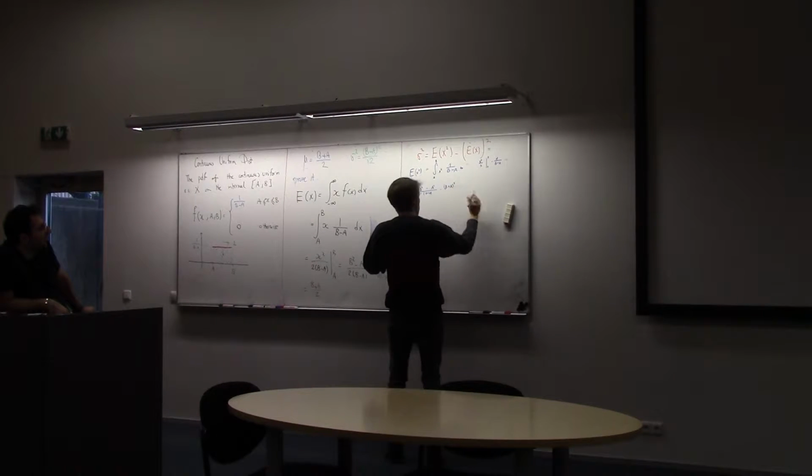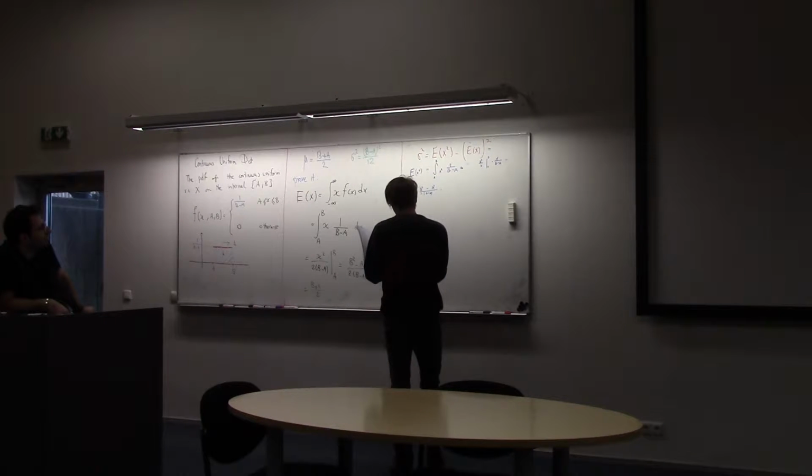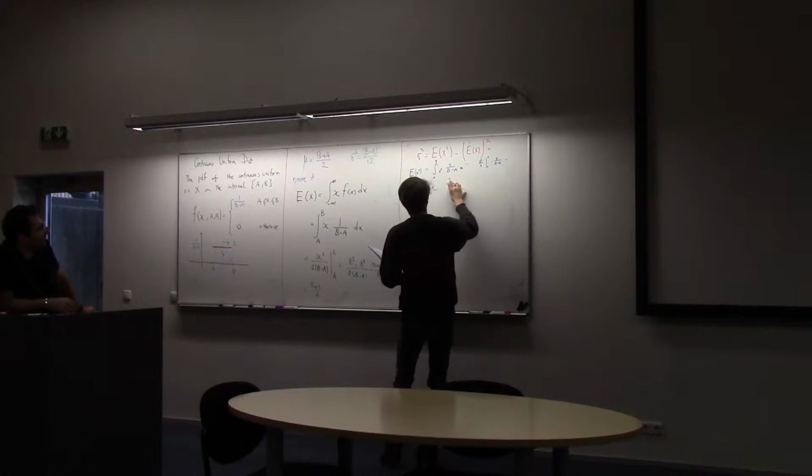Why do you multiply? This is EX squared. That's okay. Can you simplify it a bit?